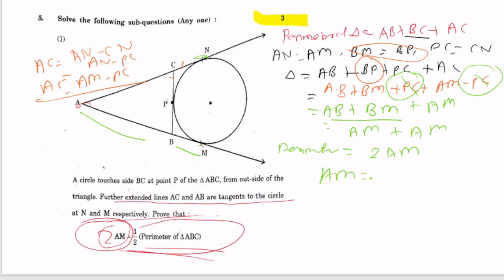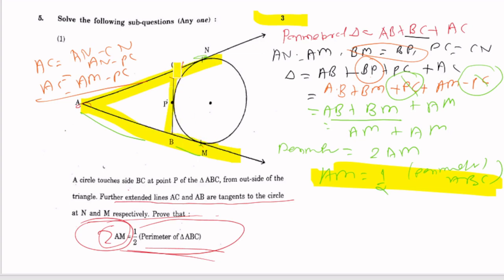Same thing, AM can be written as 1 by 2 of the perimeter of ABC. See how cleverly we found the answer with the help of some logic. No need to remember or mug up anything. You only have to understand these two sides are equal, these two sides are equal, these two sides are equal.